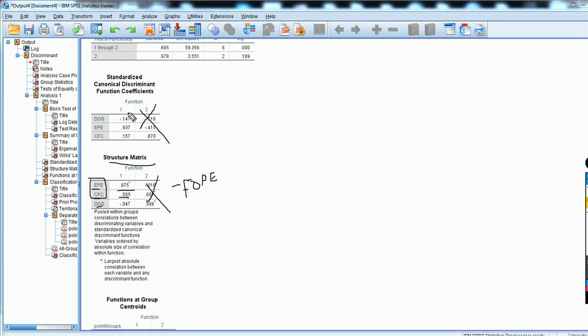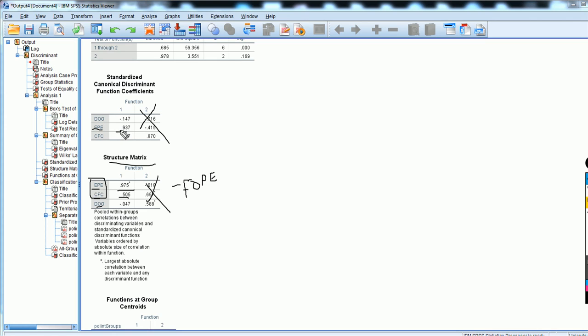So these standardized canonical discriminant function coefficients are analogous to beta weights in regression analysis. So it gives you an idea about the relative contributions of our predictors to predicting group membership. So you can see that what we have for external political efficacy, this is the relationship between external political efficacy and function 1 while parceling out or controlling for dogmatism and consideration of future consequences.